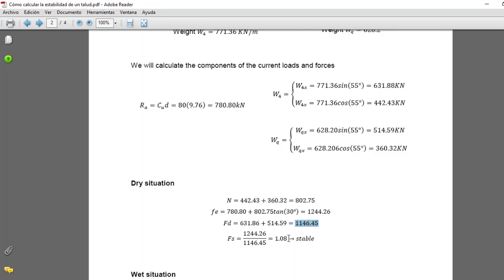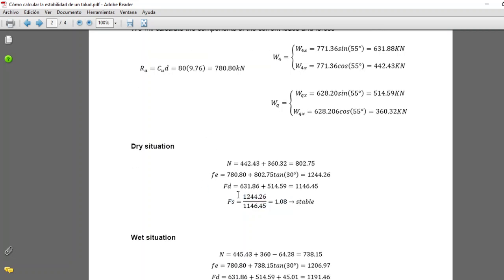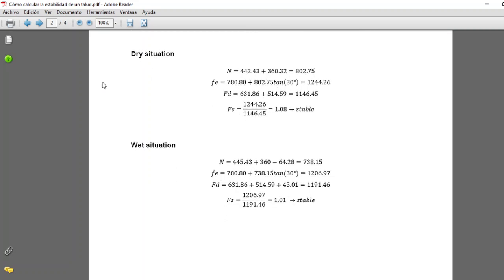Then, well, we know this result, we can say that the slope is stable in a dirty situation.